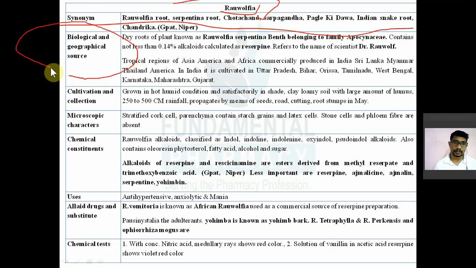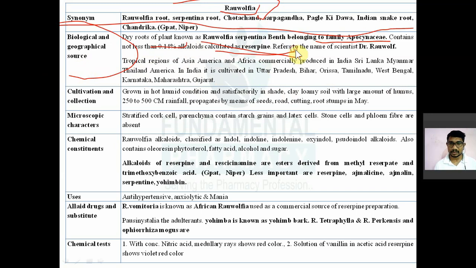Dried roots and rhizome of the plant known as Rauwolfia serpentina, family Apocynaceae, and it should contain not less than 0.15% of alkaloid calculated as reserpine. Reserpine is the main alkaloid present in this Rauwolfia.